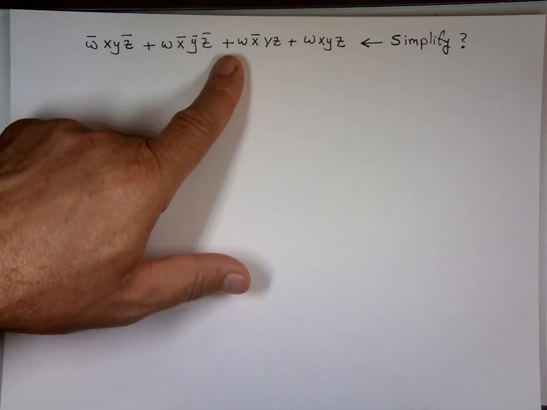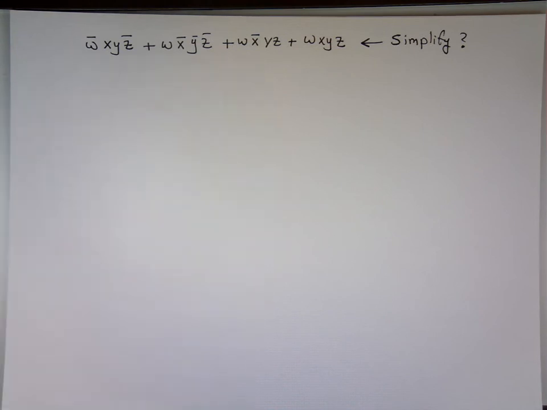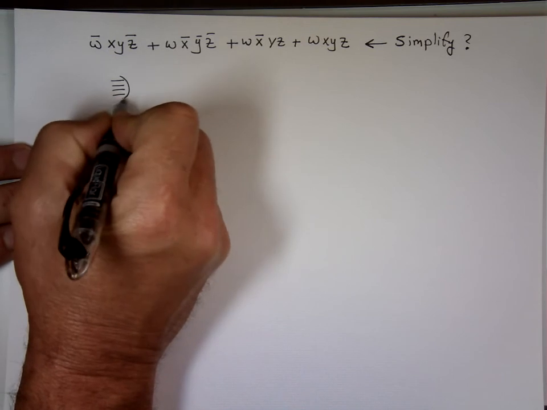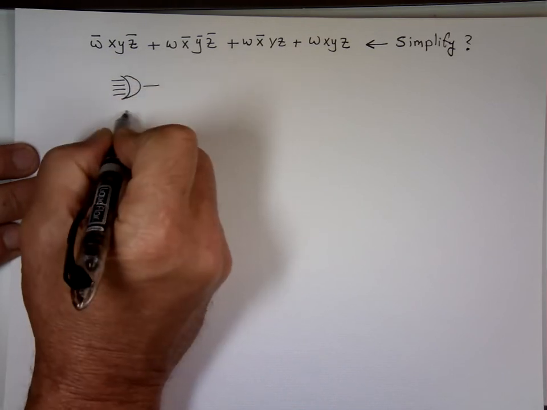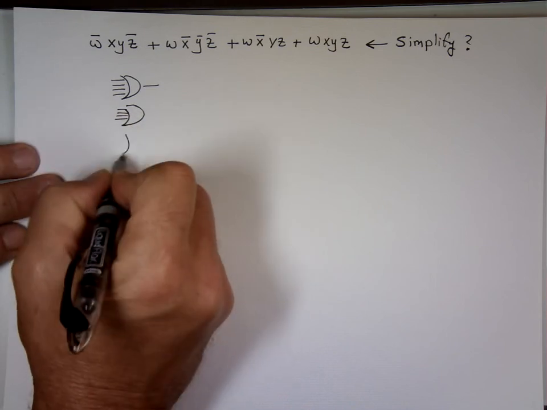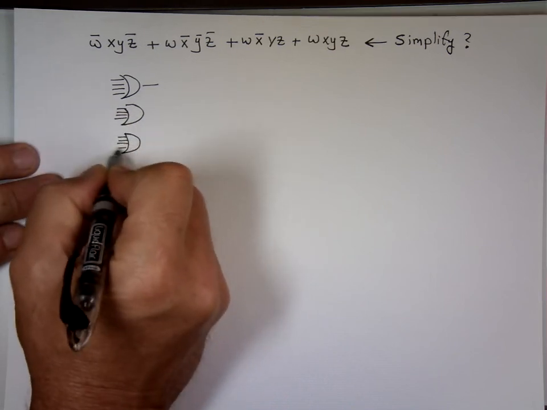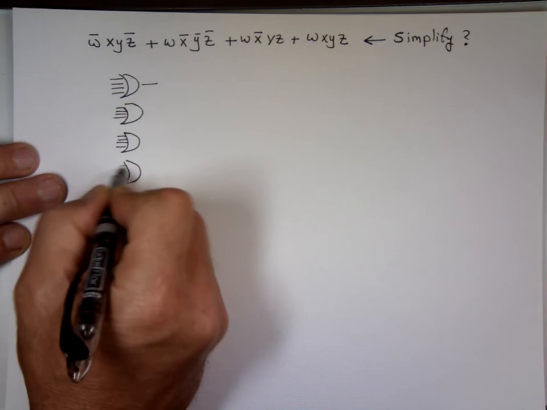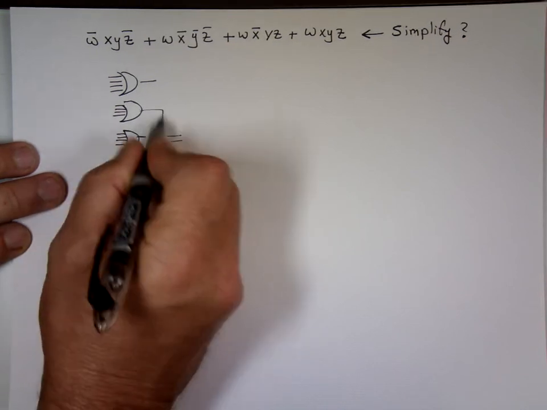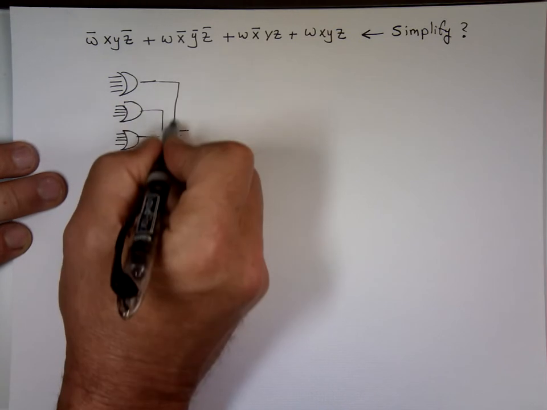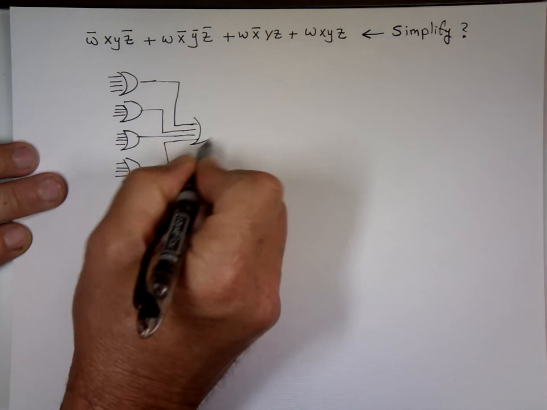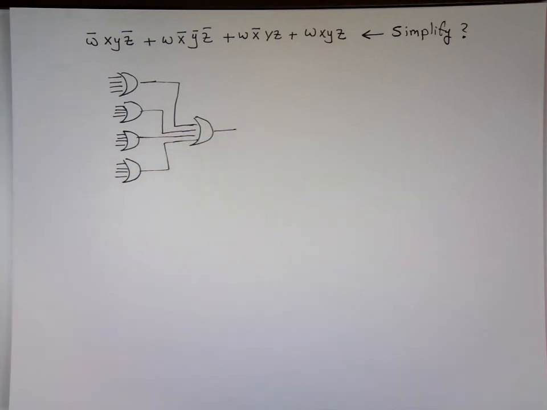Notice if I was to design this, we'll go like this. That's what the design will look like. Should those first ones be AND or OR things?